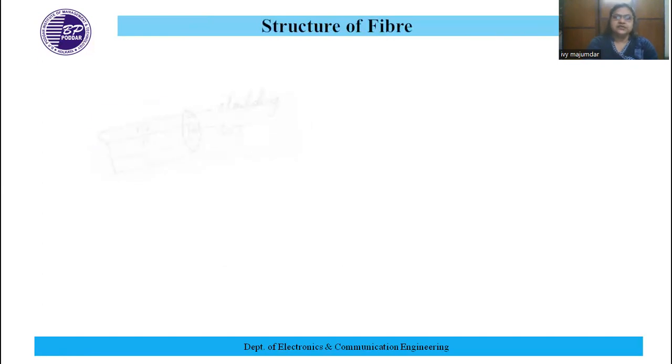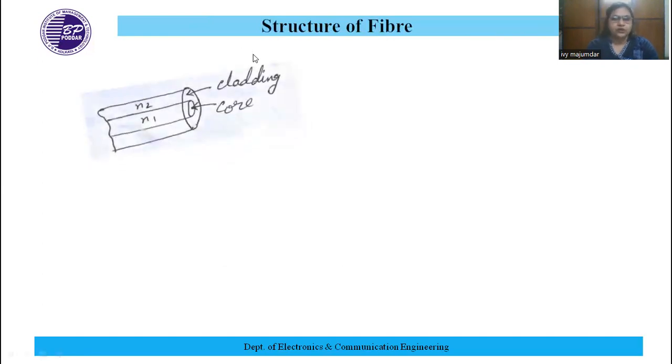Let us consider the structure of the fiber. It has got two main portions. A very narrow cylindrical portion called core with refractive index N1, surrounded by another cylindrical portion called cladding having refractive index N2, where N1 is slightly greater than N2.